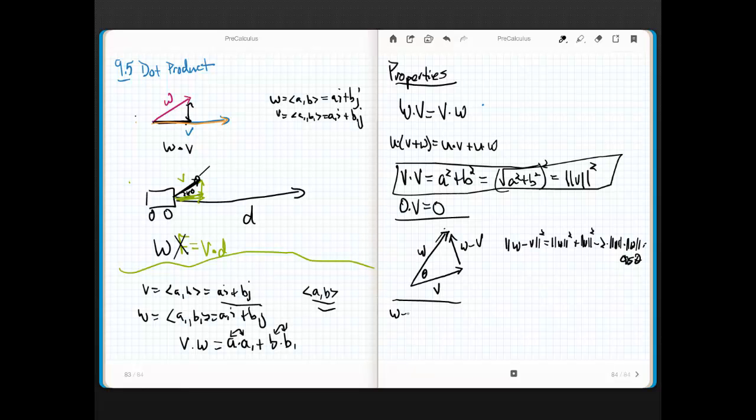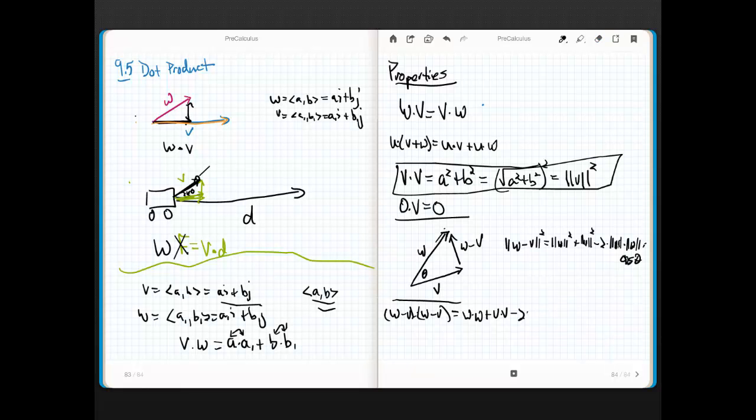This thing becomes w minus v dotted with w minus v, right? Equals w dotted with itself plus v dotted with itself minus 2 times... Or excuse me, I just lied. No, I can't do that. I got a little ahead of myself, got a little anxious.